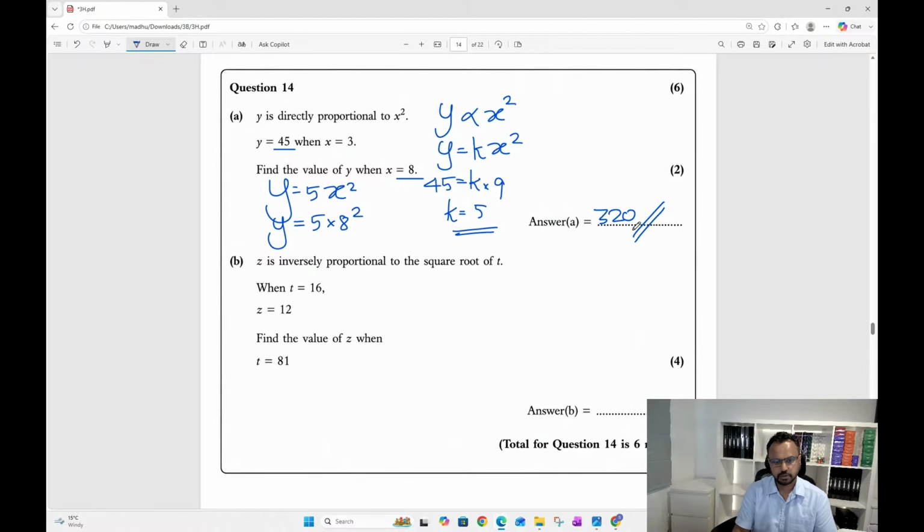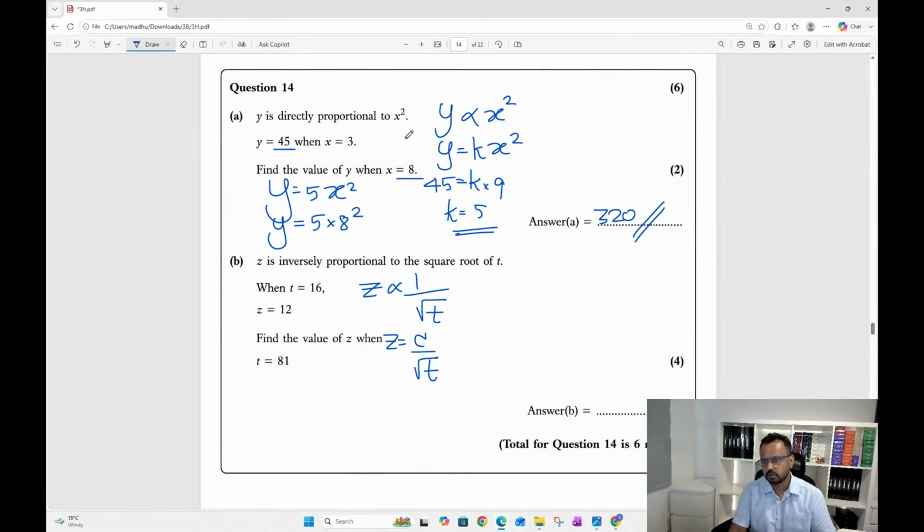Second part. Z is inversely proportional to the root of t, so z is equal to c over root t. Now, guys, remember, use a different letter. I've seen people using the same k, and then people think k is 5. No, it's not.